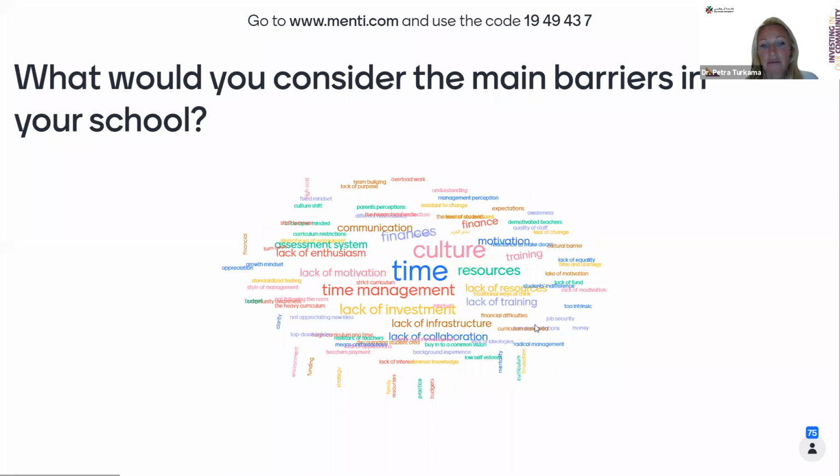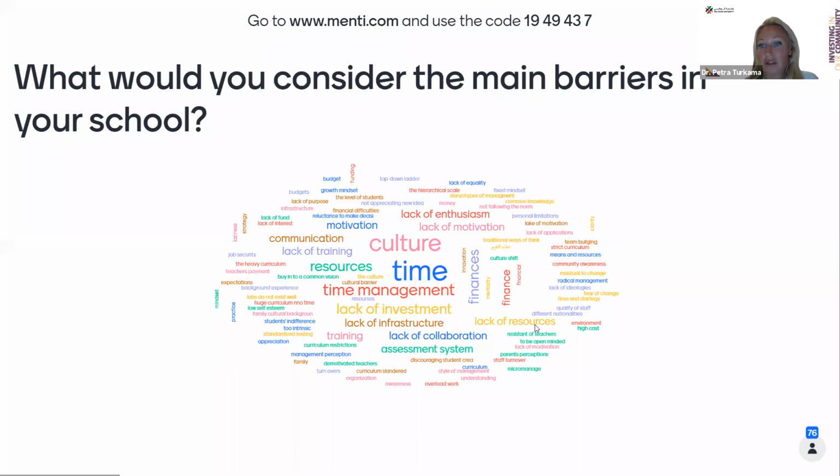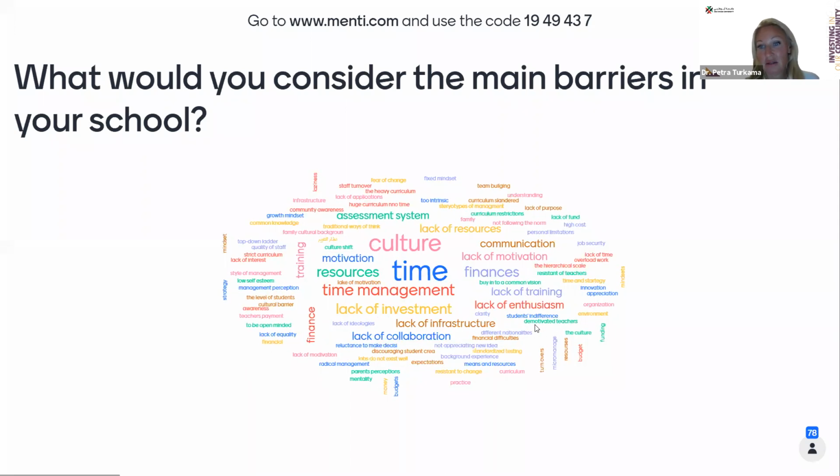Means and resources. But as you see, I think already it's a good first step to be aware of these barriers and see what we could do about them. So not just to see that these are the barriers, but seeing again that once we appreciate, once we acknowledge these shortcomings, maybe then we can start attacking them.